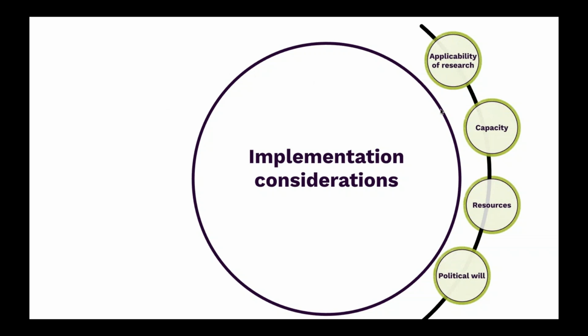Then there's the capacity to implement the intervention, the availability of resources, and the political will. Sometimes, for some reason, there's no political will to implement the intervention. It's probably not a good idea to waste the resources and then find that the findings are not being implemented.